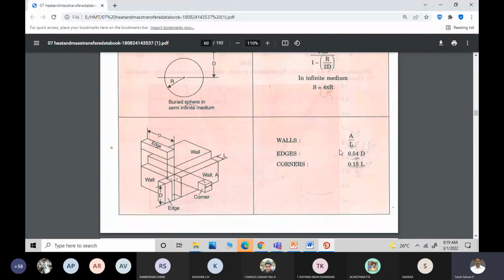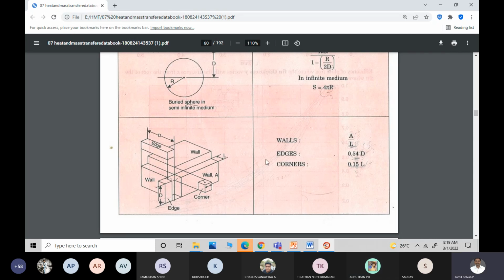So for walls, area divided by length. For edges, it is 0.54 into D, so from one edge to another edge you have to calculate. Here we have 12 edges. If it is a cuboid, the conduction shape factor for different edges will be different. We have to find it out individually. Sir, the area will differ, no, sir?